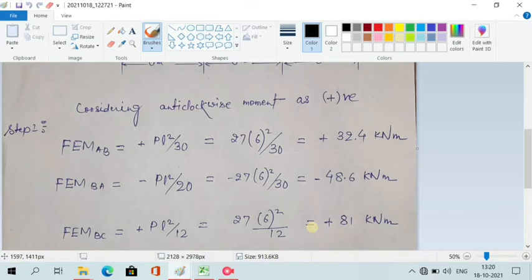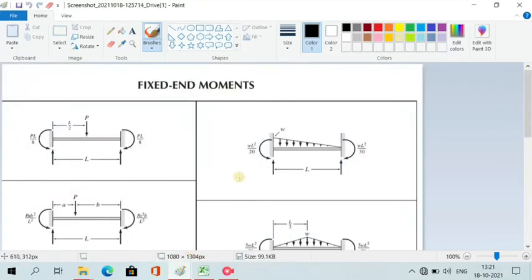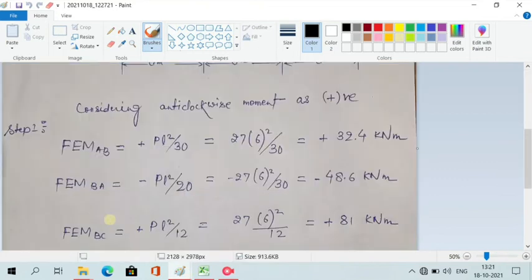Now fixed end moment BA is given by minus PL square by 20. Minus I have taken because it is clockwise moment. As you can see in the formula also, here PL square by 20. Hope you have understood. That's why I have taken PL square by 20. After calculation, we got minus 48.6.